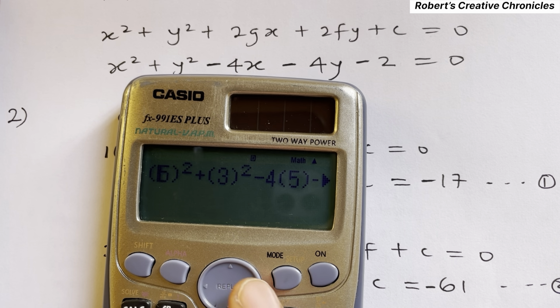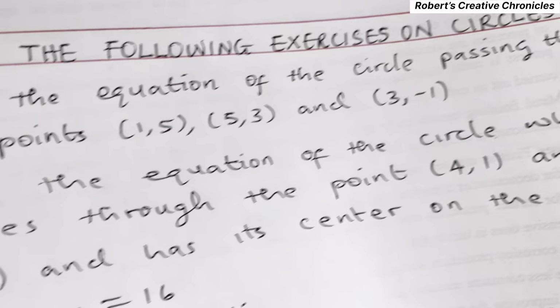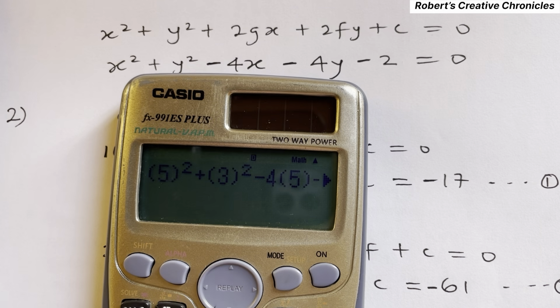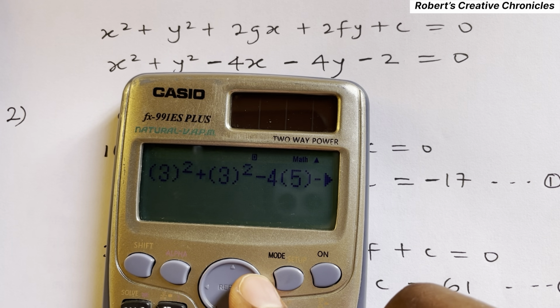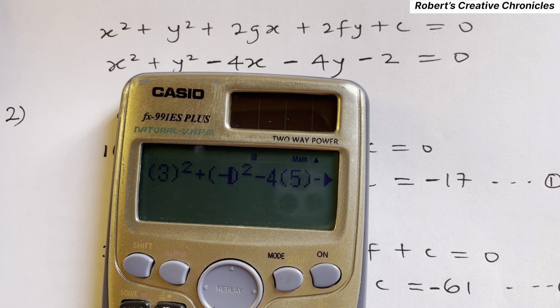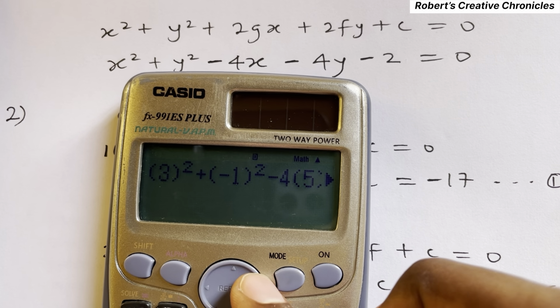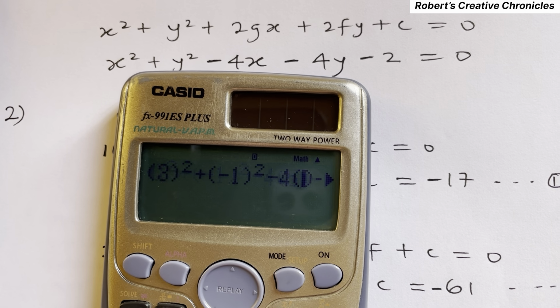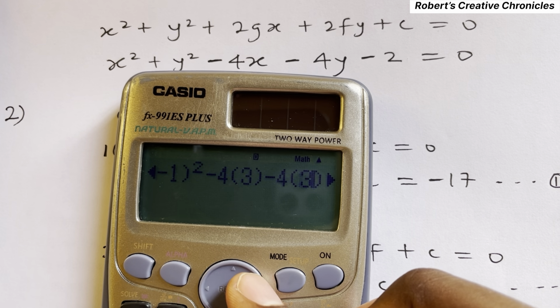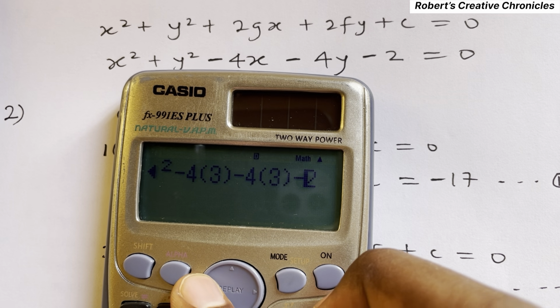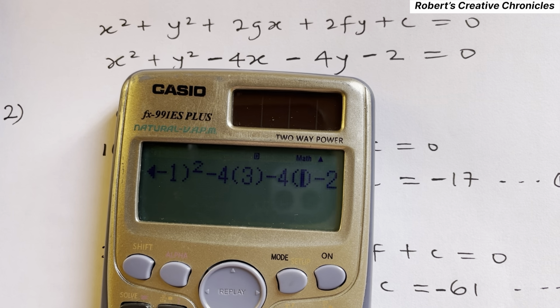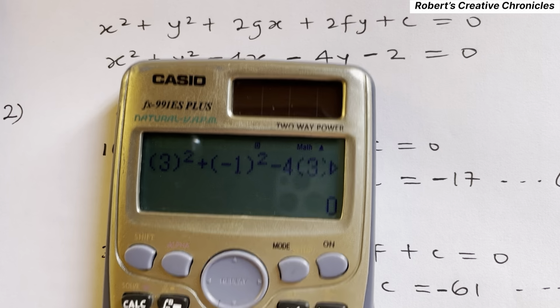Then finally, the last one is 3 and negative 1. You see it's 0.